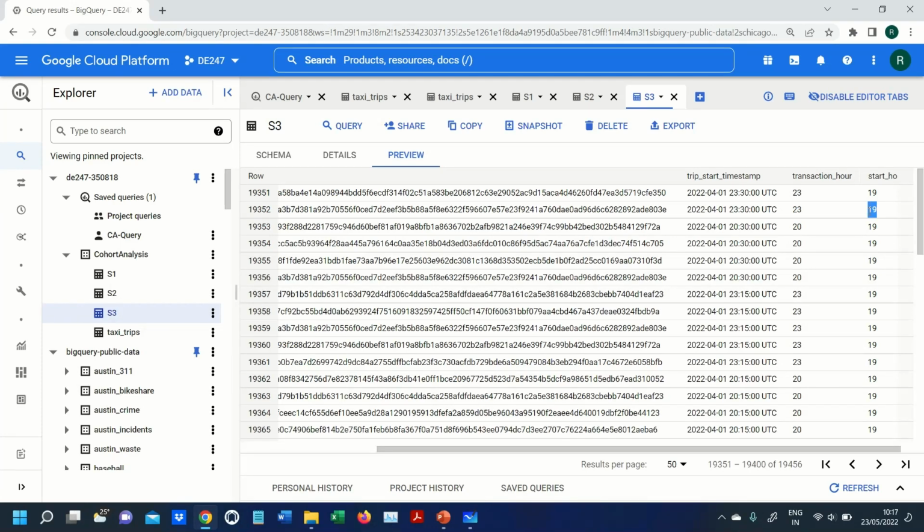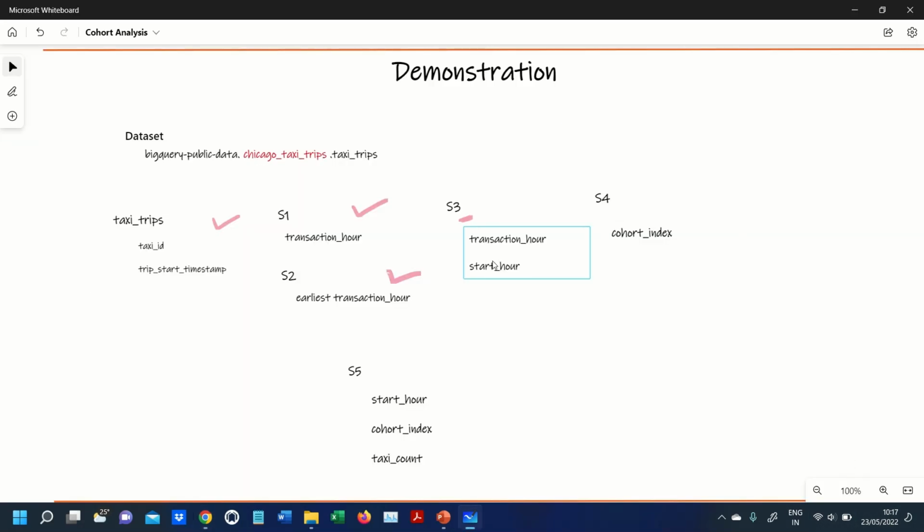It started working from around 7 p.m. This record indicates that this taxi has a transaction at hour 23. Like that, for all 19,000 transactions, we got the starting hour of the taxi, and also whether there is a transaction in a particular hour or not.